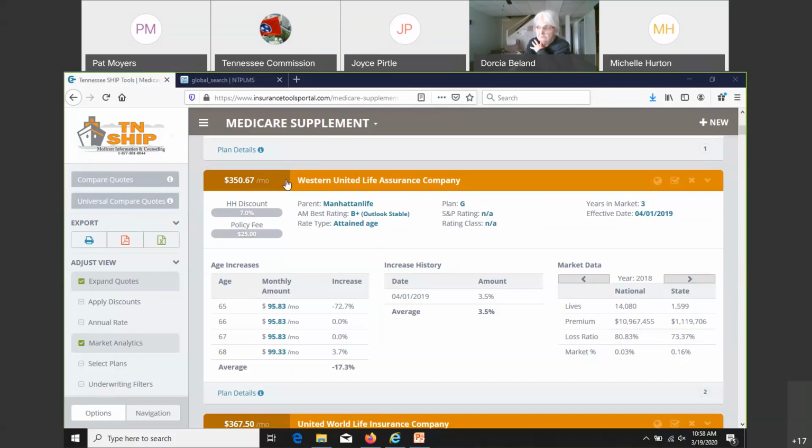In the case of Tennessee, we do have a number of lettered policies that are to be sold to people under the age of 65. However, that person does not have any sort of guaranteed issue that they will be receiving any sort of low price plans.